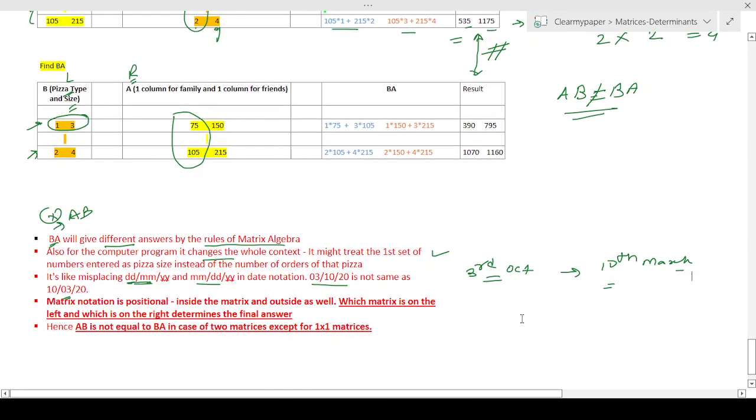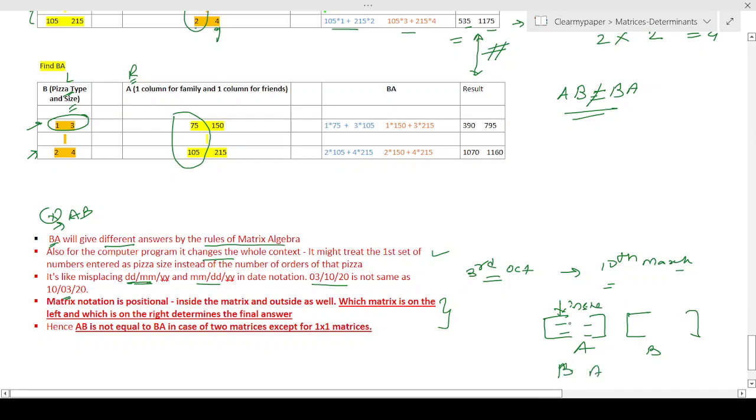So what does it mean in summary, right? The last two points which I've underlined: matrix notation is positional. Where you put things, where they are in the sequence, whether on the left or right, is very important. It's important not only inside the matrix, meaning the position of the elements within the matrix, whether it's a row or column, but also outside, because if this is A and this is B, and you switch them and make it B and A, you're changing the matrices.